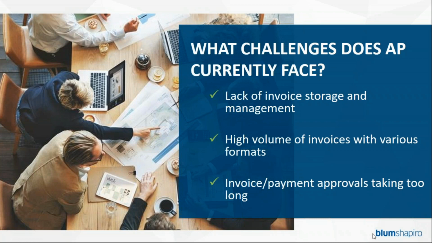It might be a numeric approval where someone says, okay, if the invoice is over $2,500, it has to go to the CFO. It might be a departmental approval. Well, if it's this department, then it's got to go to this department manager. It might be a combination of both. If it's a department manager over $5,000, it goes this way.